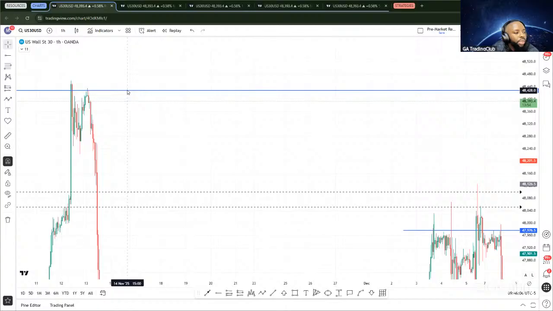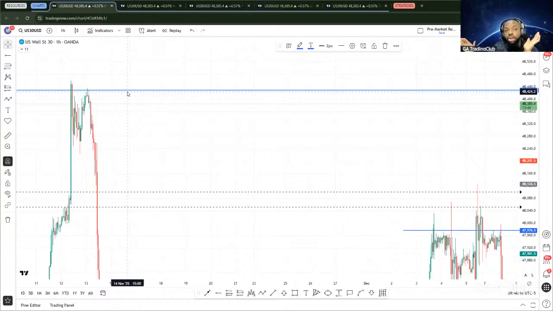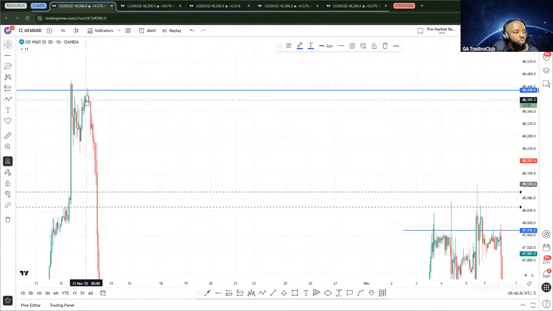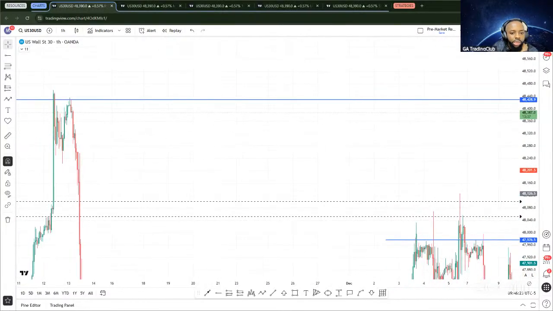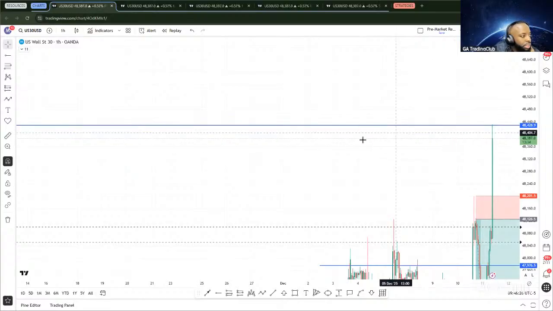My rule of thumb is if there are multiple wicks around the same amount of candles, the wicks have to be at least 5 candles apart for them to count. So as much as we have 1, 2, 3 wicks here, I'll just consider the highest wick, based off of this intersection here.